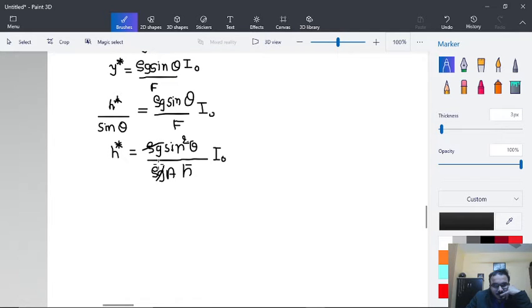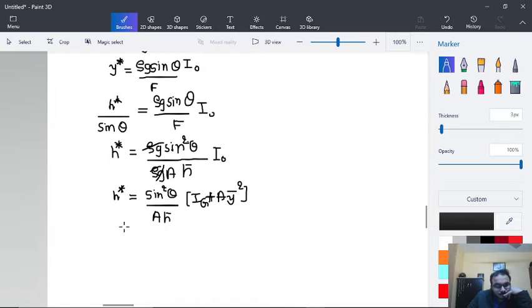So these two will get cancelled, and here H star is equal to sine square theta divided by A H bar, and instead of I0 we can write down IG plus A y bar square. So if you recall, this is based on the parallel axis theorem.